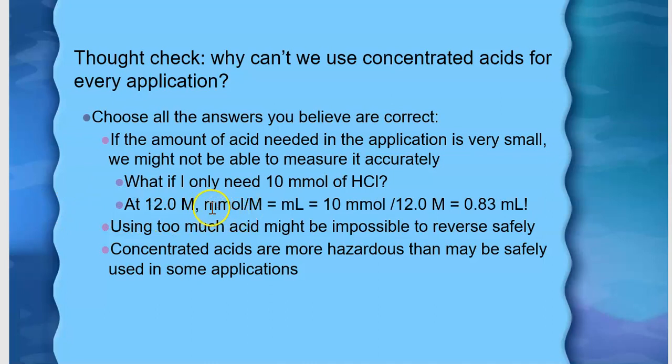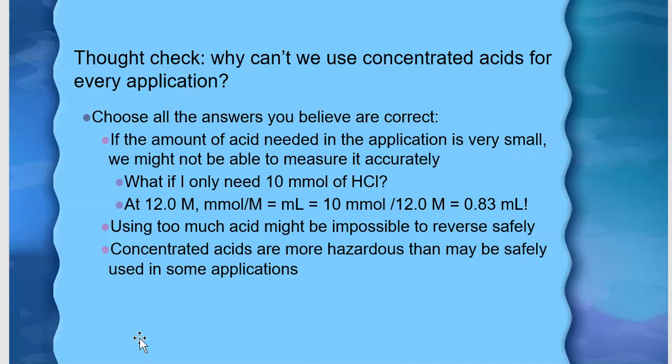So if I do some algebraic rearranging, millimoles over molarity is going to get me milliliters. 10 millimoles at 12.0 molar means I'm going to need less than 1 milliliter of hydrochloric acid if I use the concentrated solution. And it's pretty difficult to find something to measure very accurately at less than a milliliter that's not also pretty expensive or pretty fragile.